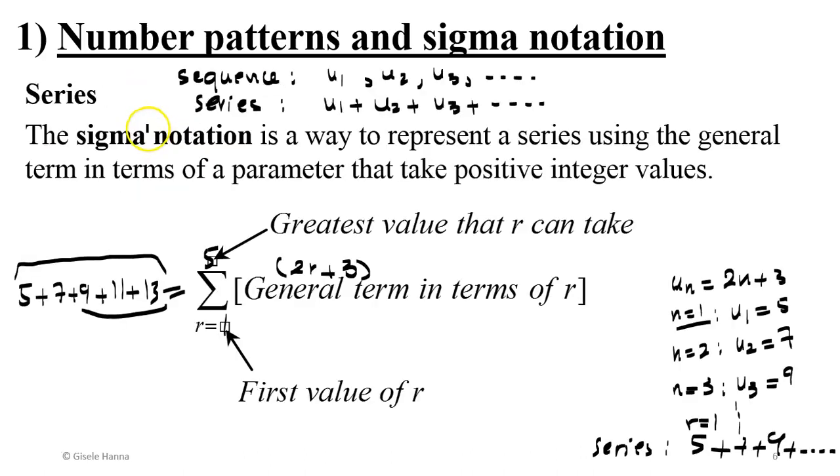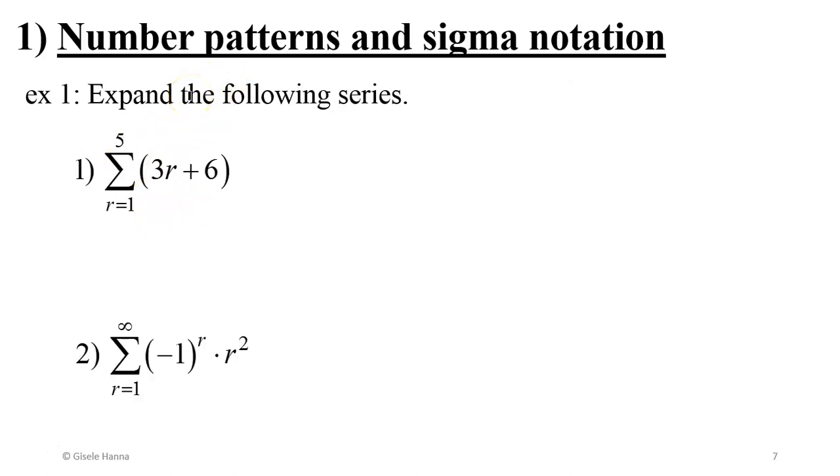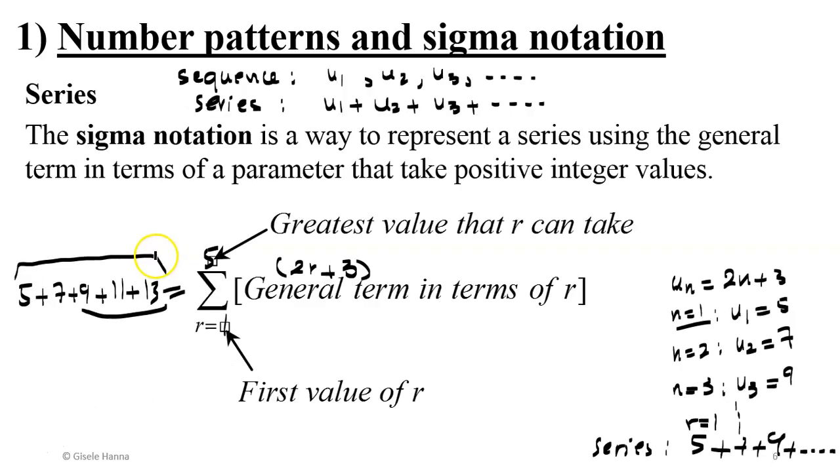Sorry about that, I moved way ahead. Over here the question does not say expand and evaluate. Evaluate means give the final sum, give the value of the sum. However, expanding is just listing the terms in that series to add.